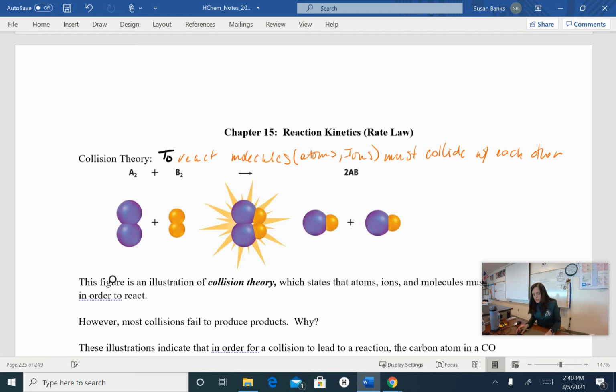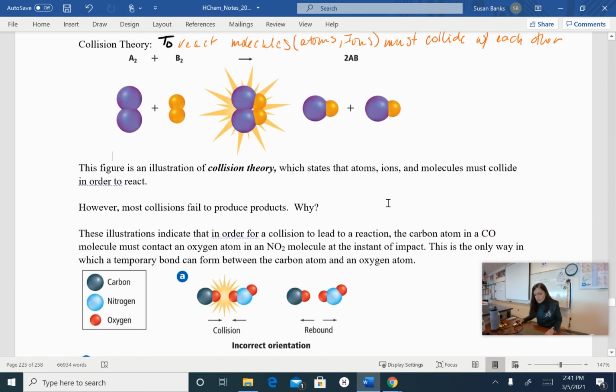Okay, so here's an illustration here. If I have molecule A2 and molecule B2, they collide and I will get two AB molecules. They're not going to react to make AB molecules unless A and B actually come together and collide.